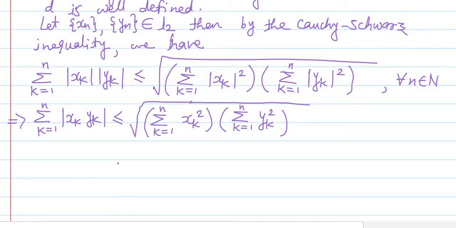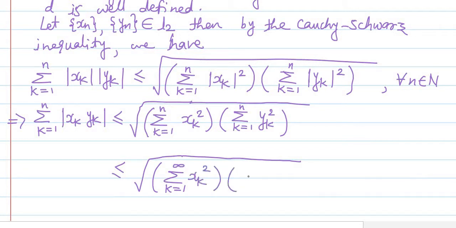So this is further less than or equal to the under root of summation over k equal to 1 to infinity xk square into summation over k equal to 1 to infinity yk square. And obviously this is less than infinity.